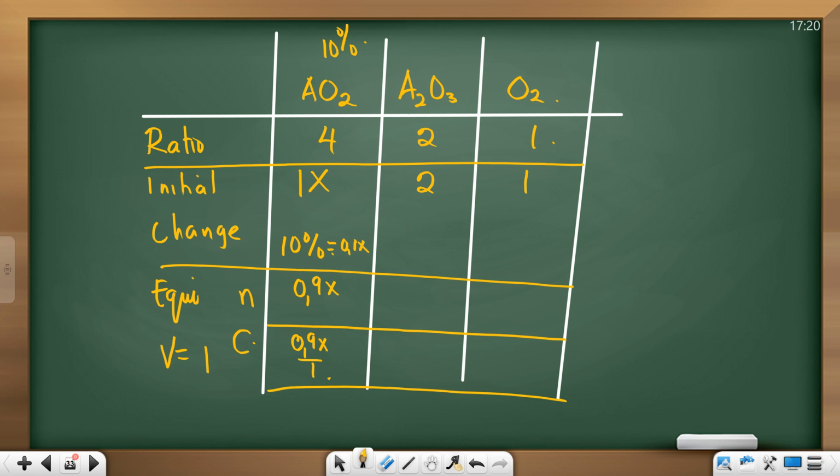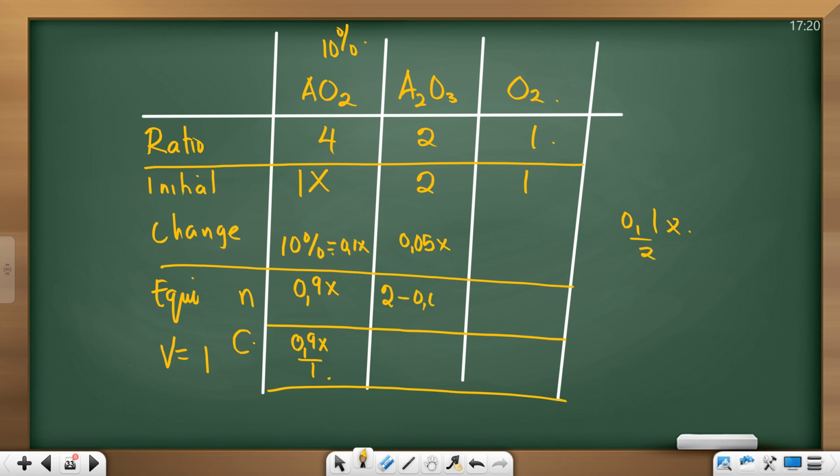That's what the examiner wants. What about here? We divide that ratio by 2, 0,1x over 2. I'm sure we can solve 0,1x over 2. That will be 0,05. Let's make it easy. I hope you understand what I mean. It is 0,1 divided by 2x. So that is 0,05x.